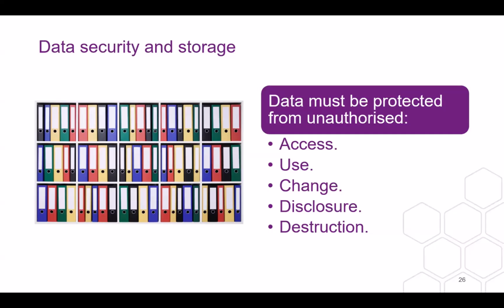So to prevent this, data should only be accessed by the right people, used strictly for its intended purpose, and never altered without permission. It must not be shared with unauthorized individuals and should be safeguarded against both accidental and deliberate loss. In short, protecting data means ensuring it remains secure, accurate, and responsibly used.